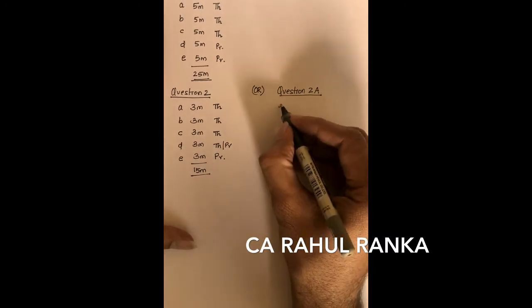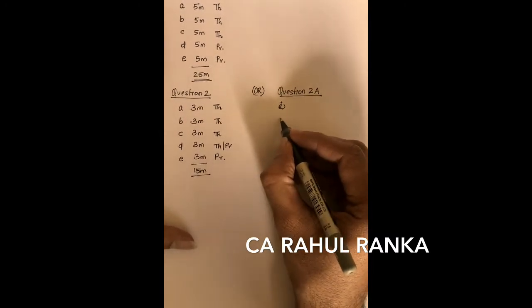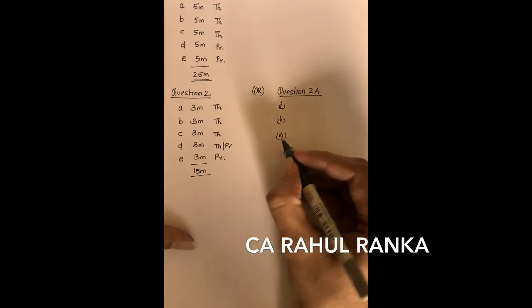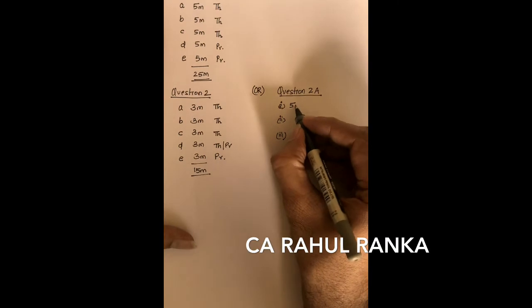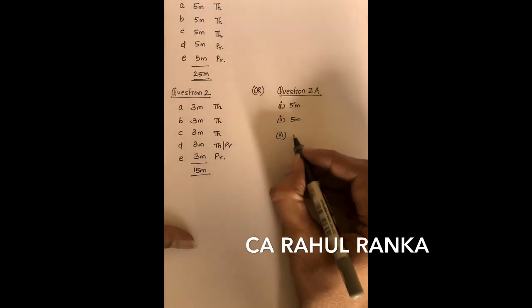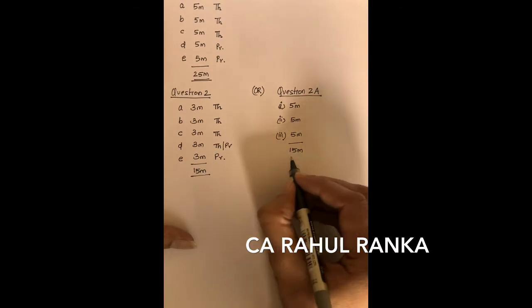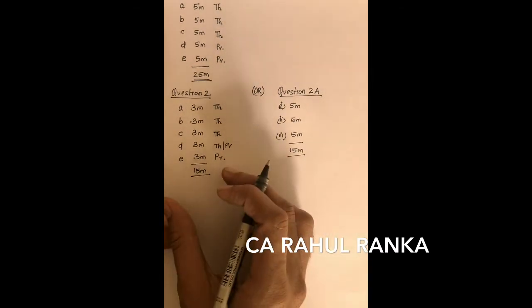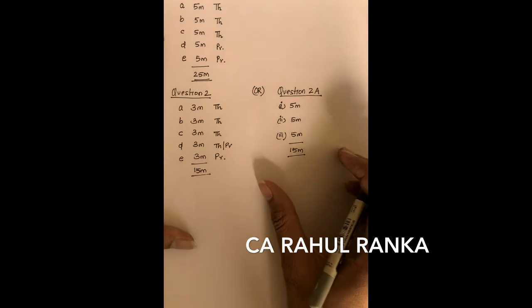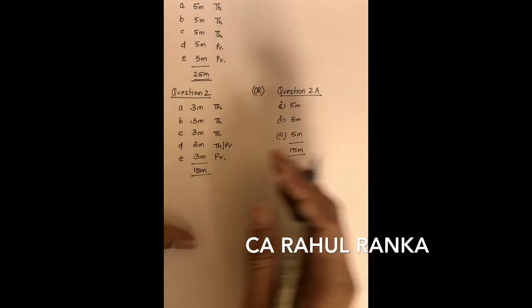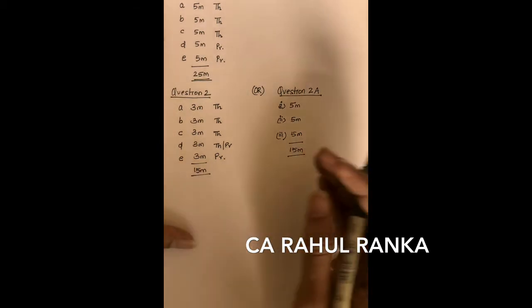In question number 2A, we have small 1, small 2 and small 3, each 5 marks, and the total will be 15 marks. Either you go for question number 2 or question number 2A. Any one, that's an internal choice.